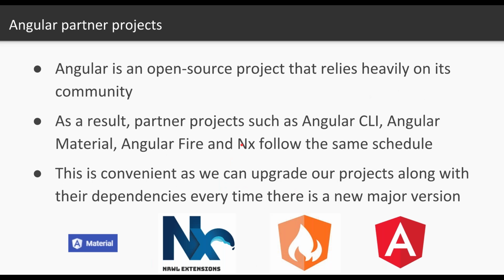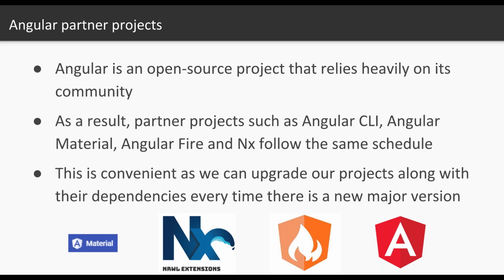So now that we know about Angular versioning and how we got there and why these versions keep increasing very quickly, I want to mention a bunch of partner projects. And the reason for that is because most of the new features that we get in Angular these days actually happen through these partner projects.